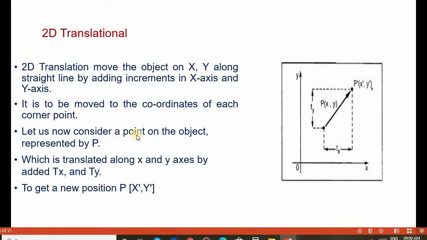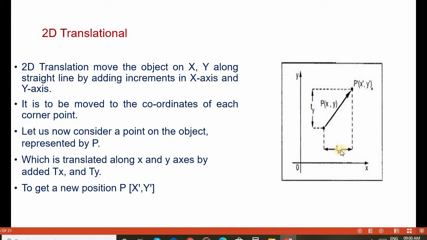Let us now consider a point on the object represented by P. P has coordinates x and y, which is translated along the x and y axes by adding the distances tx and ty.